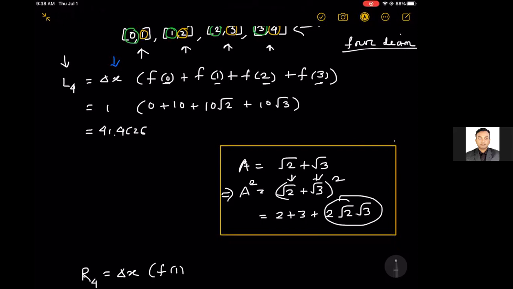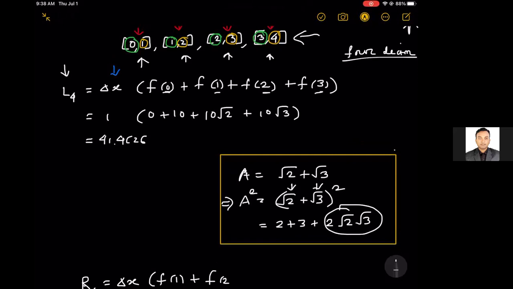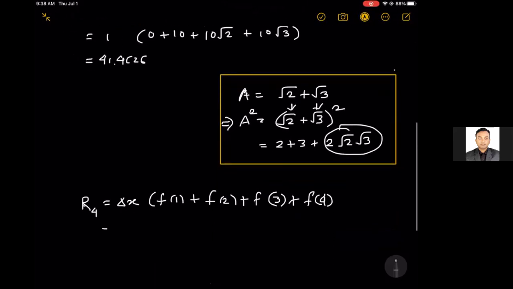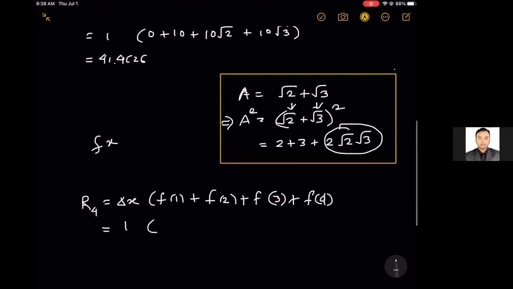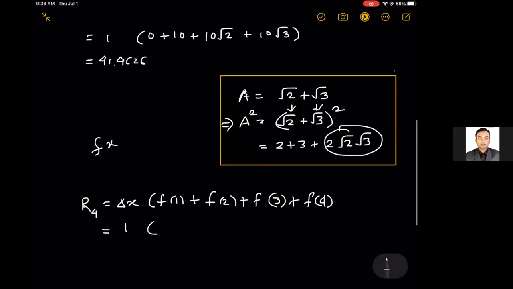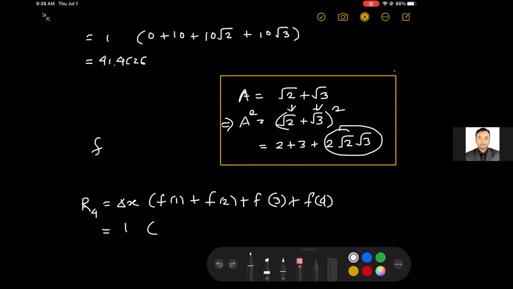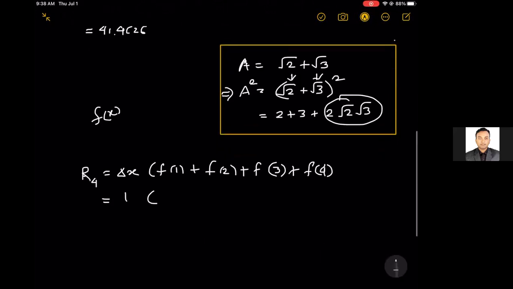So we'll be just taking the right endpoints, right? So f of 1 plus f of 2. See the yellowish circle here? We'll be just taking these values, nothing else, plus f of 4. All right, del x is once again 1, and we'll be just replacing our function by these values, right?